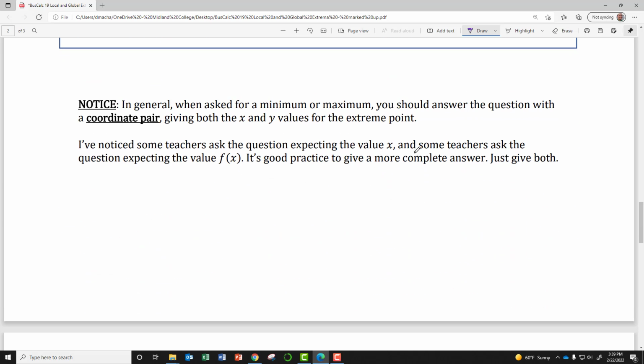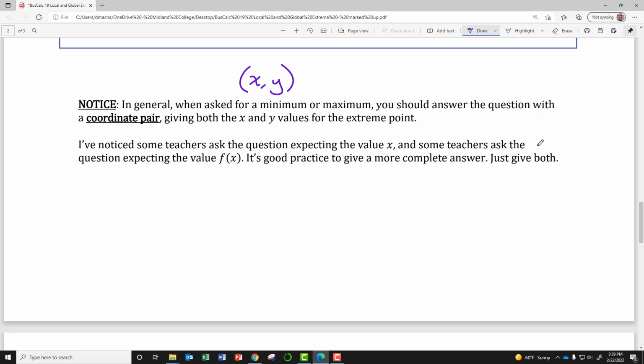Notice in general, when you're asked for a minimum or maximum, you should answer the question with a coordinate pair. So a coordinate pair means give the x value, put a comma, and then give the y value. So this gives you both the x value and the y value for the extreme point.